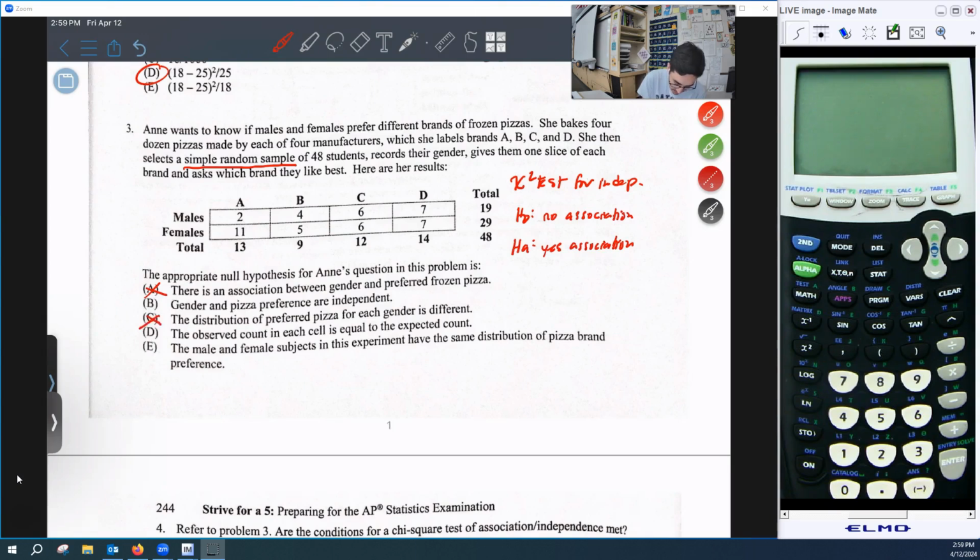C, sorry, no. D, the observed count, no. E, male and female have the same distribution. No, okay, so to say that 2 things are independent is equivalent to saying there's no association between them. Right? So this hypothesis is equivalent to independence, and this one is equivalent to dependence. All right, so we're going to go with choice B.